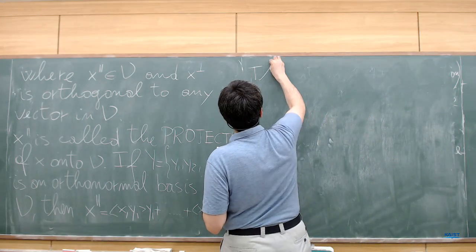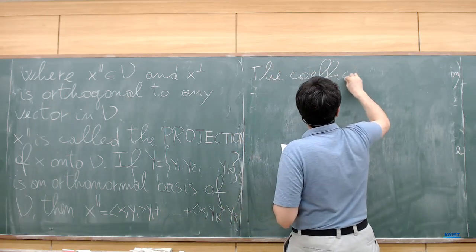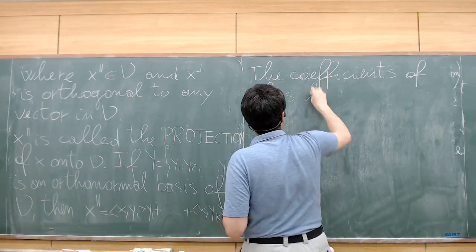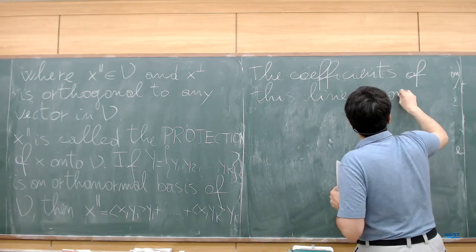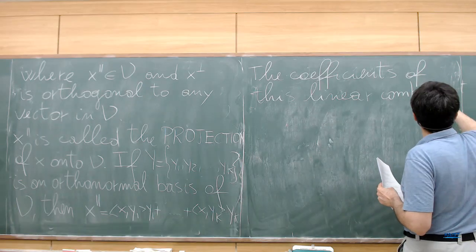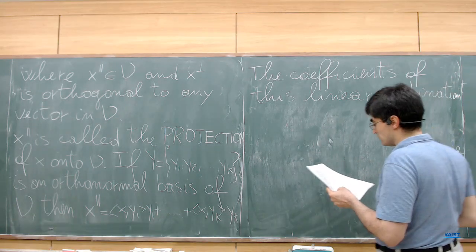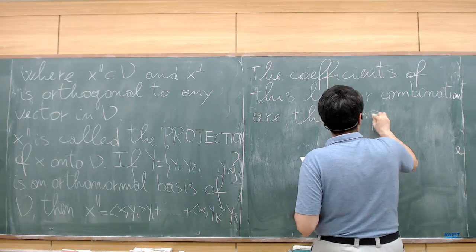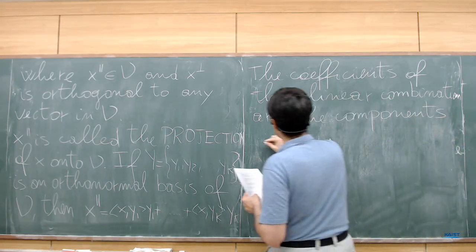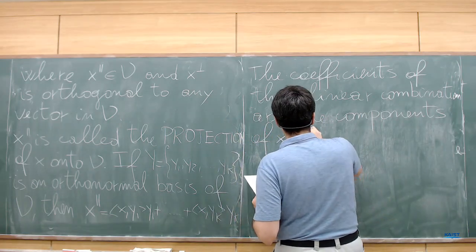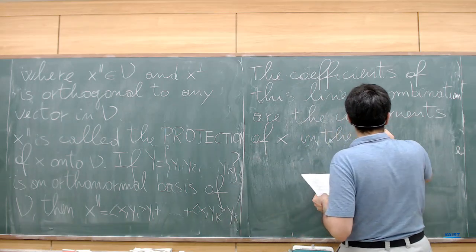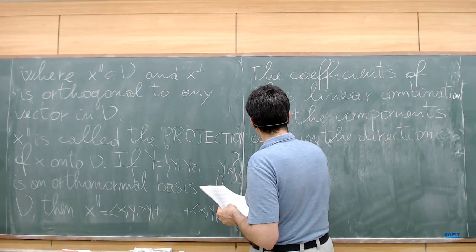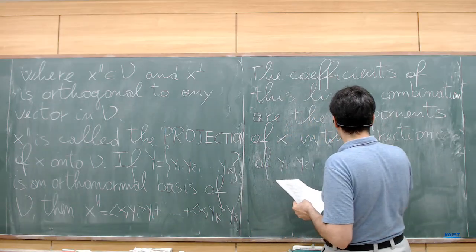So the coefficients of this linear combination are the components of x in the direction of y1, y2, ..., yk.